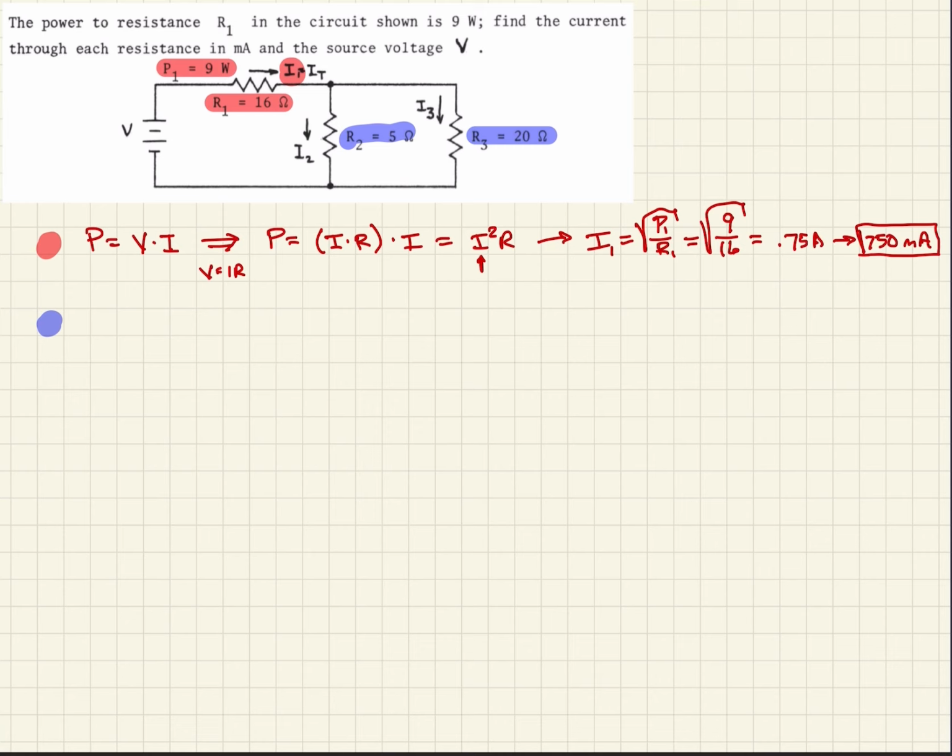So we'll call the equivalent resistance R23, because that's for R2 and R3. What could we replace those two with? That's just R2 in parallel with R3.